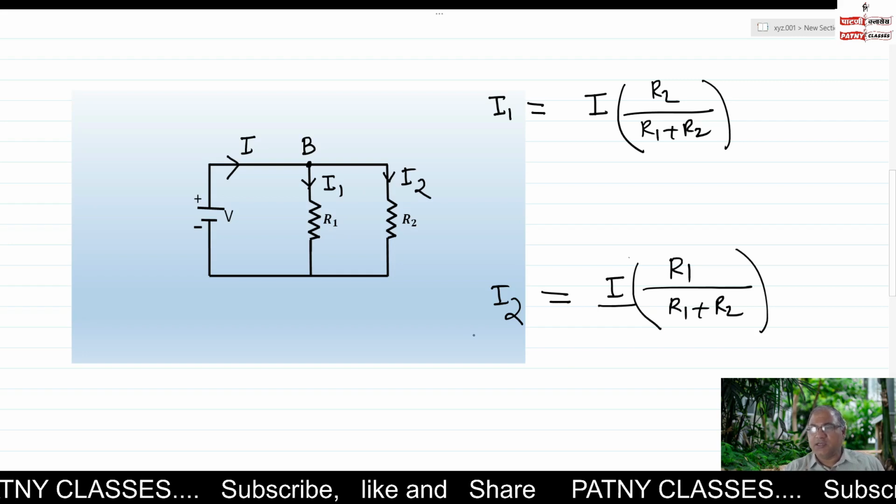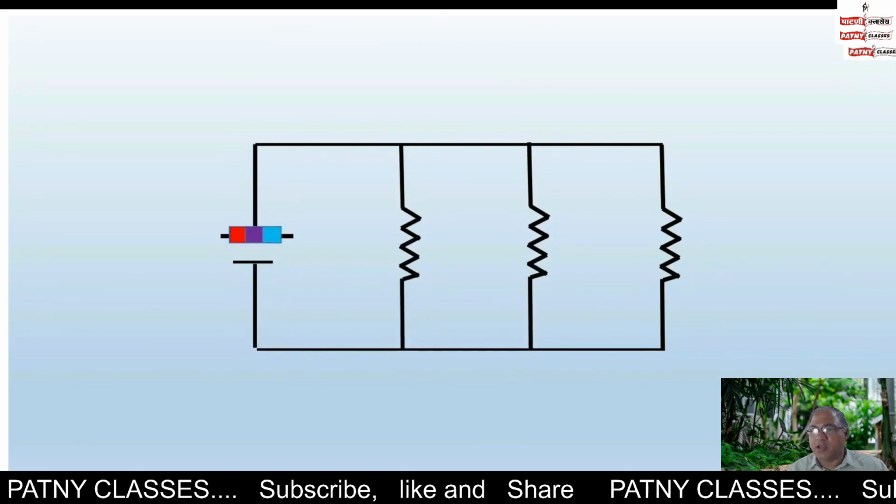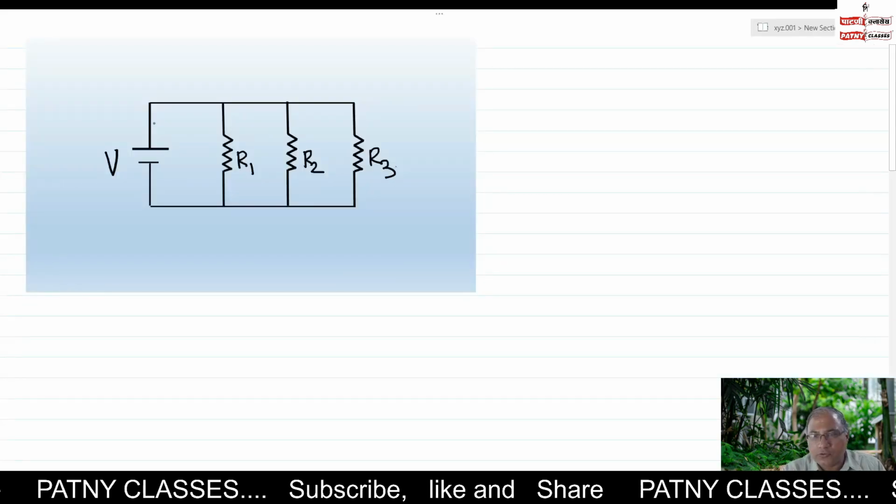Now let us take the example of three resistors connected in parallel. When the current flows through the three resistors, it gets divided into three parts. Here I have shown the three currents with three different colors. The current I is shown by the three colors, and a part of the current flows through R1, that is I1.